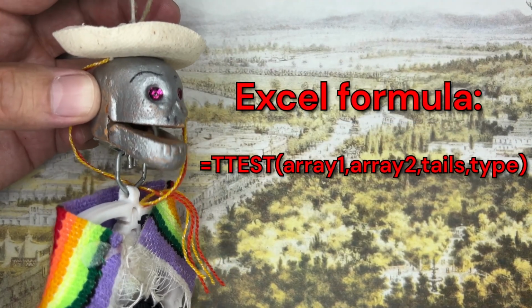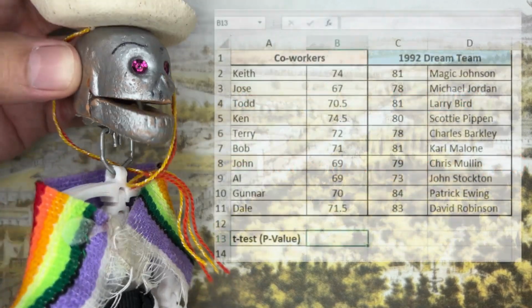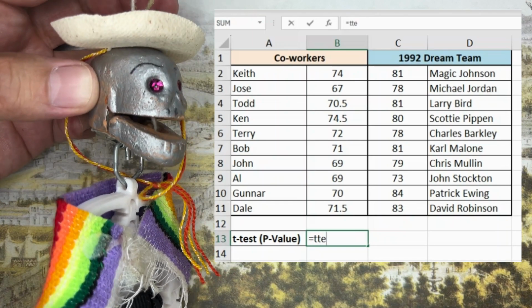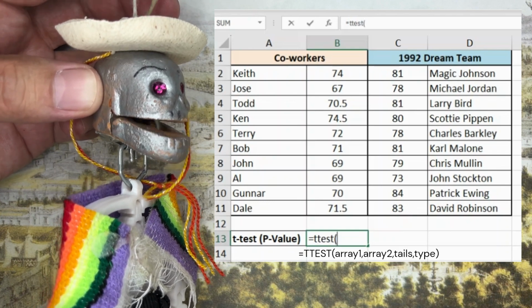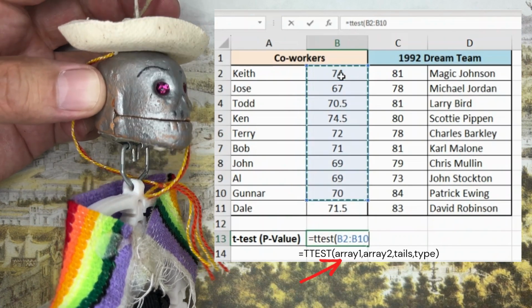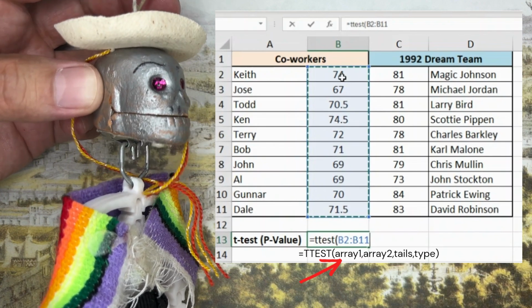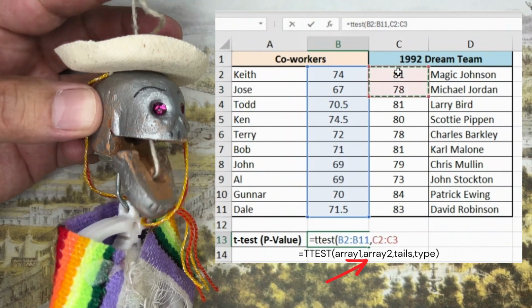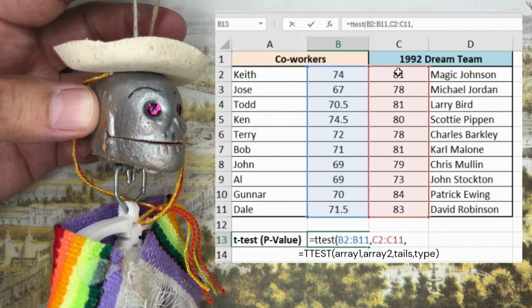Excel has a formula to perform the t-test, which means finding the p-value. So, the formula goes like this: type equal t-test, open parentheses, and now we need to select the data for array 1, which is our first set of data, in this case, the height of my coworkers, comma, and now we need to select the data for array 2, which is the height of the players of the Dream Team, comma.